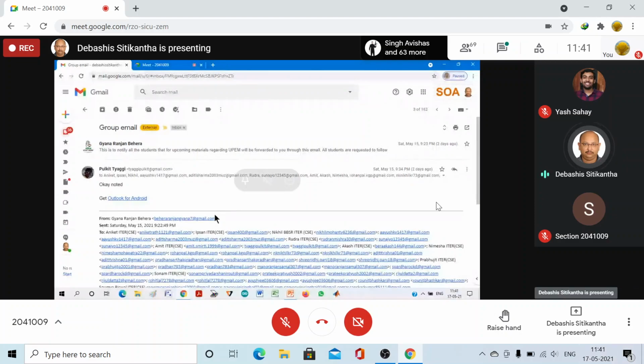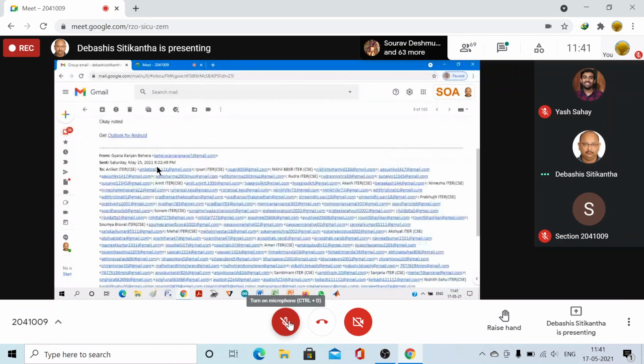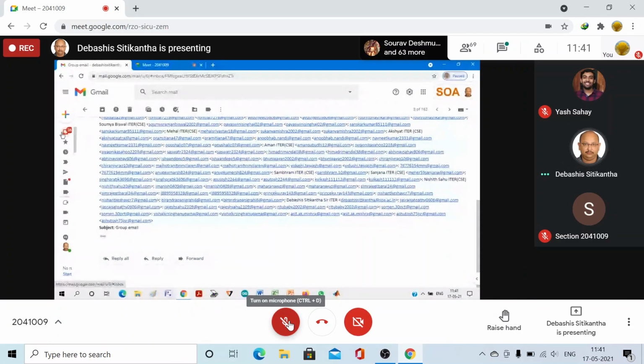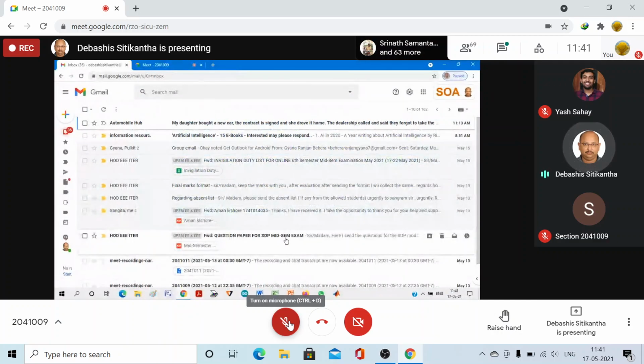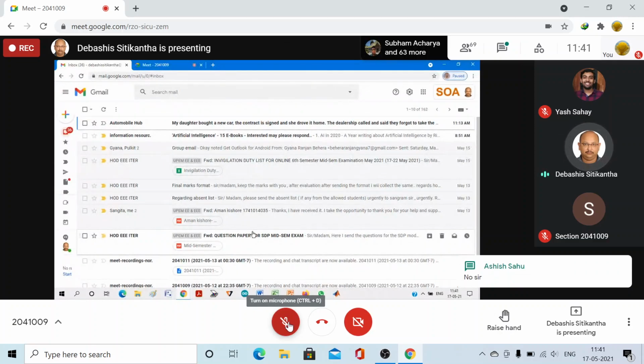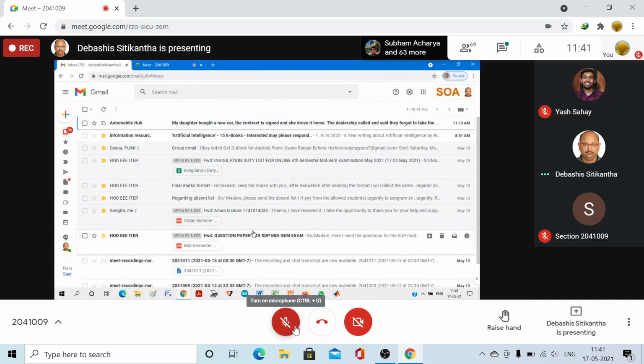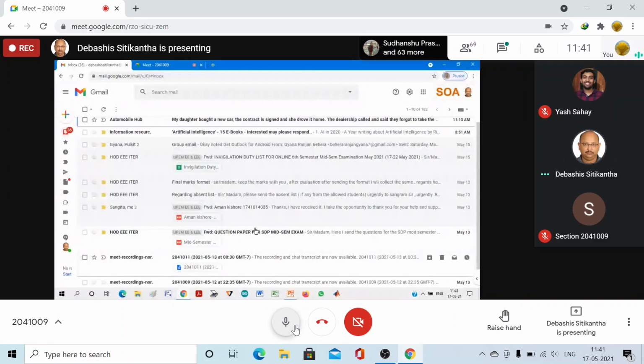Is it your group mail ID? Nobody is responding, so no need of sending. Then you have not yet created your own group mail ID. If you don't create, yes.